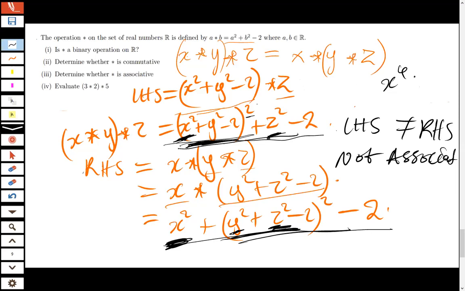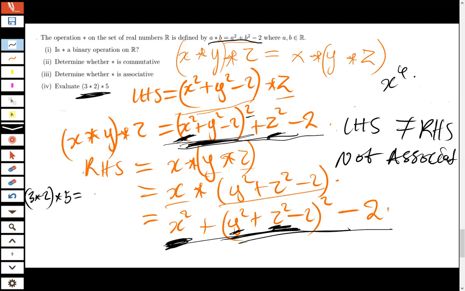So this is the end of binary operations. I'm sure this is not difficult, because since the brackets are on 3 and 2, I'm going to start with dealing with 3 and 2. I'll put 3 and 2 in this expression first. So I'll have 3 star 2, then star 5.